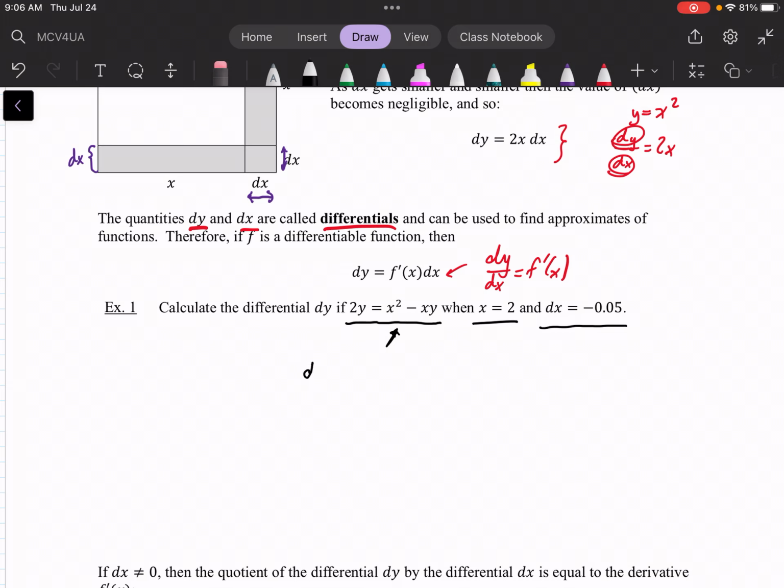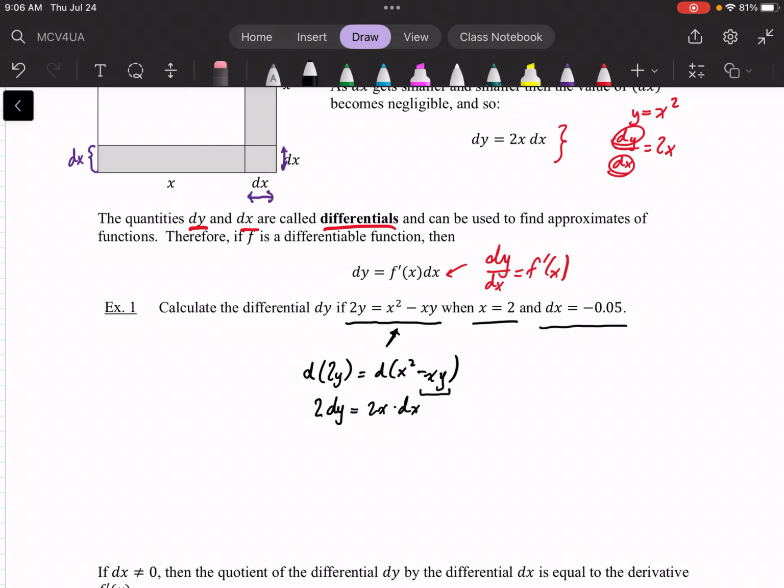So we're going to find d of 2y and d of x squared minus xy. You notice it's just finding the derivative, not with respect to any variable. The derivative of 2y is just 2, and we still have to multiply by dy because it's still the chain rule. The derivative of x squared is 2x times dx.